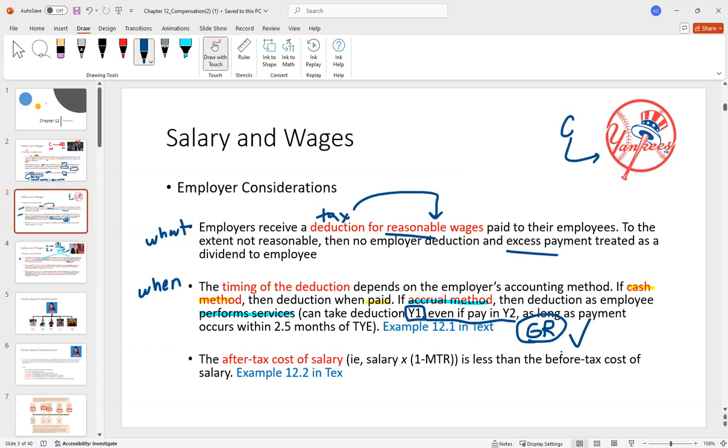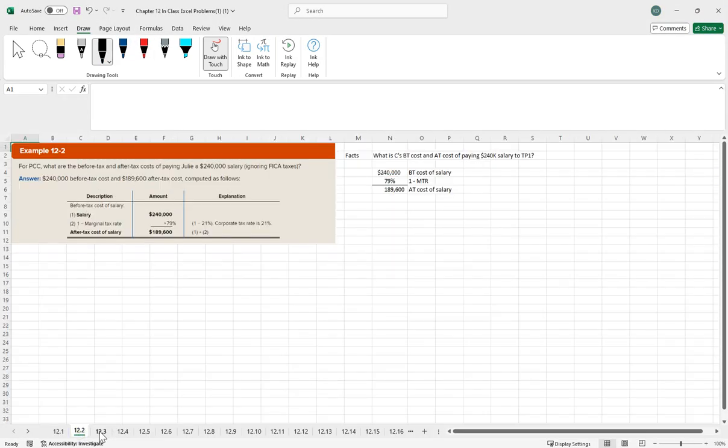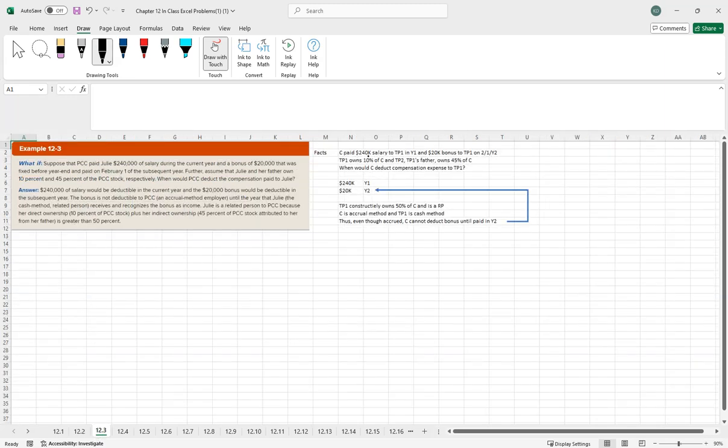So general rule, within 2.5 months, you get it in year one if you pay it in year two. The exception says even within 2.5 months, you get it in year two when you pay it in year two. So that's what this 12.3 is showing right here.